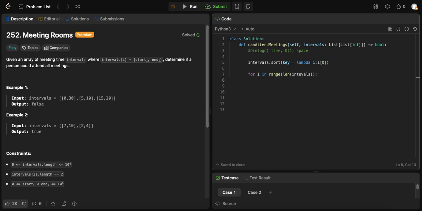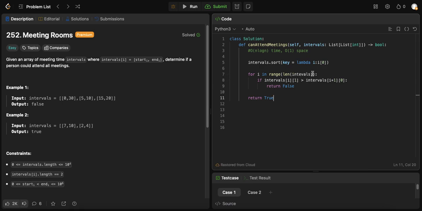So we're going to say that if intervals at i, its end time, comes after the next interval begins, which is at index 0, then in that case we need to return false. Otherwise, we can continue on, and if we reach the end without ever returning false, we can return true.